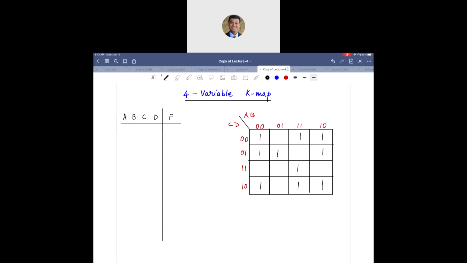And I'm going 0, 0, 0, 0, 0, 0, 0, 1, 0, 0, 1, 0, so on up to 1, 1, 1, 1. Right. So I'm going to number them, say 0, 1, 2, all the way to 15. So I've essentially indexed the output column. So where are those going to be in the K-map? Those are going to be here.